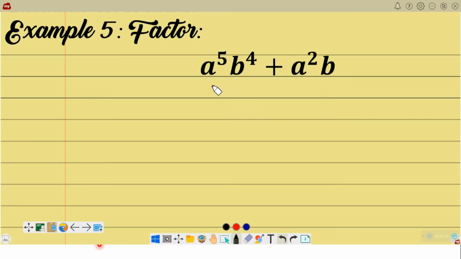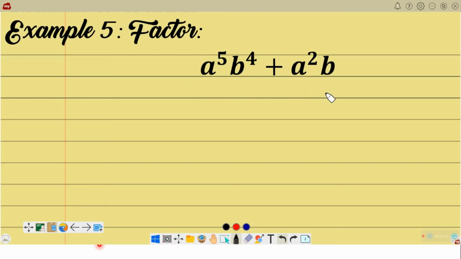So a to the fifth power b to the fourth plus a squared b. If you notice, a to the fifth power is not a perfect cube. The b to the fourth power is also not a perfect cube. But, again, you will notice they have something in common. Right? We have a greatest common factor. And how do we get that when it comes to variables?